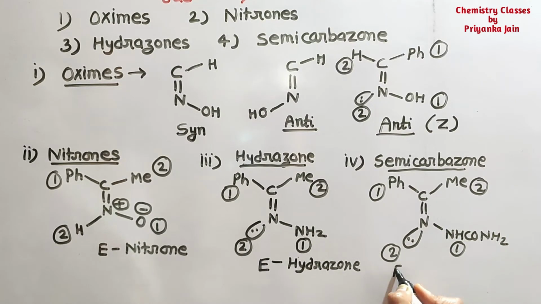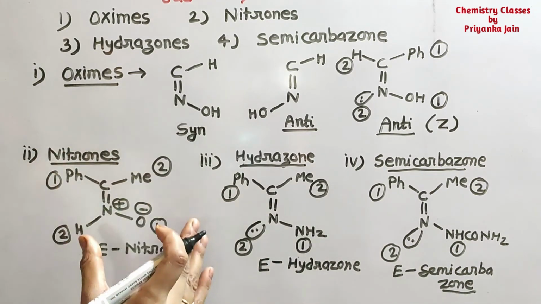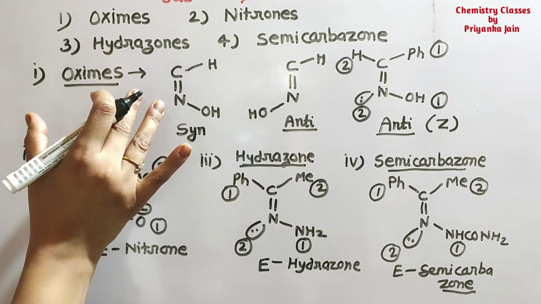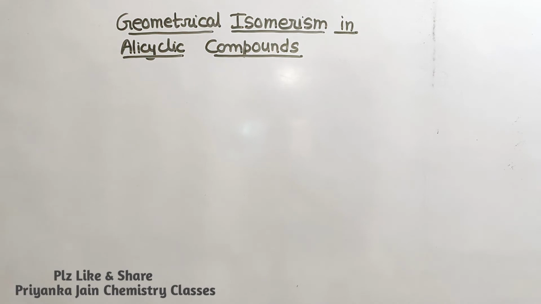So again this is the E isomer, it means this is E-semicarbazone. In this way you have to decide the nomenclature in the case of compounds containing the C=N bond.